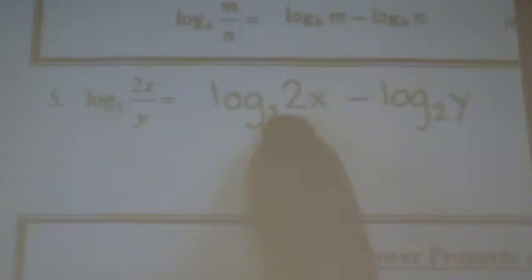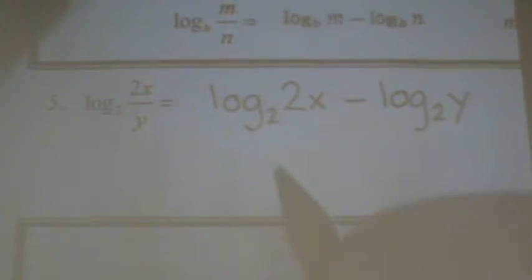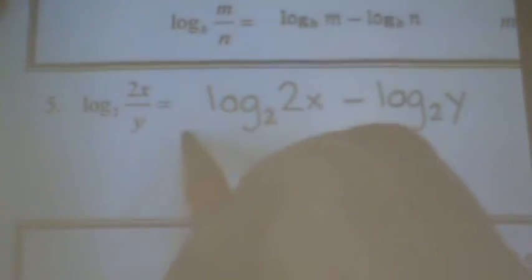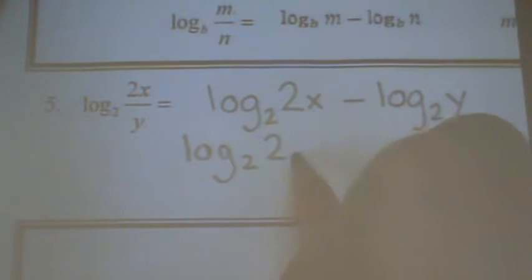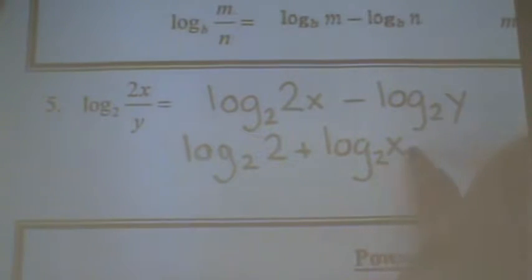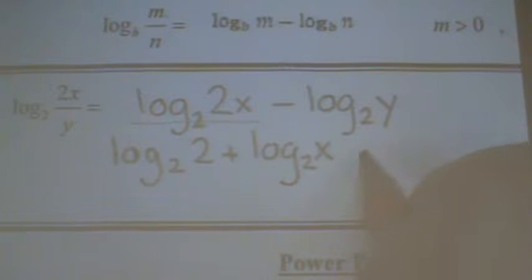Now, can you add on from what we just learned, though? I have a product here. Isn't 2 times x a product? So you could actually break this first term down into the log of 2 base 2 plus the log of x base 2. So this can be broken down into these two right here.